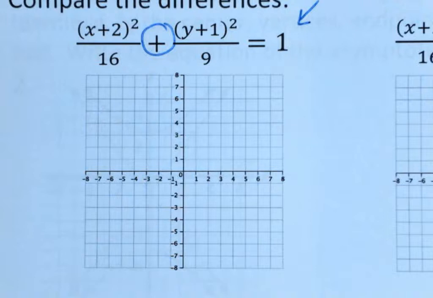No, there are no asymptotes in ellipses. Make sure you label all of your points below.